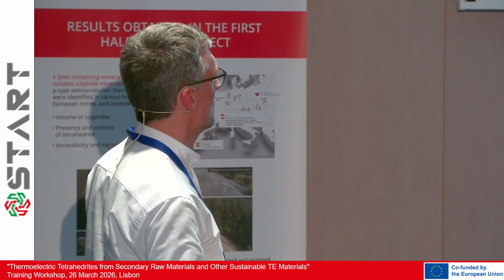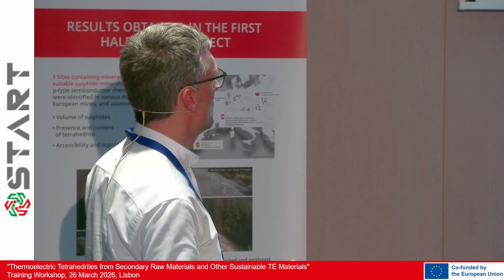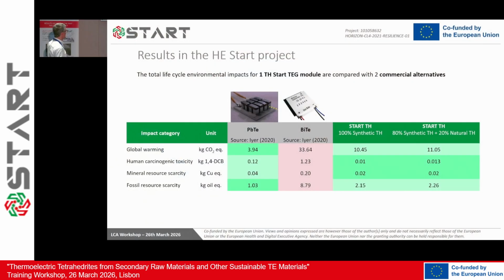Maybe a bit different here, the 10 times. But in global warming and fossil fuel resource scarcity, this has very much to do with energy consumption, especially during the process of production and extraction of raw materials. And also this has to do with emissions. So this is something that we have characterized and analyzed.